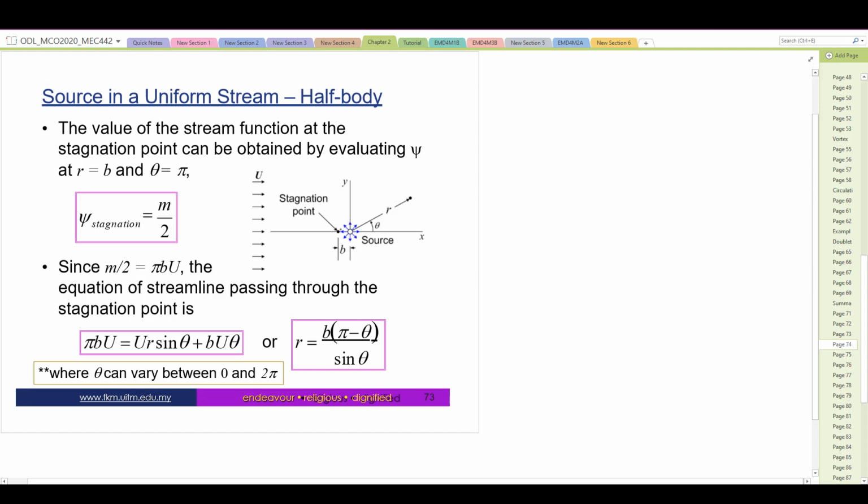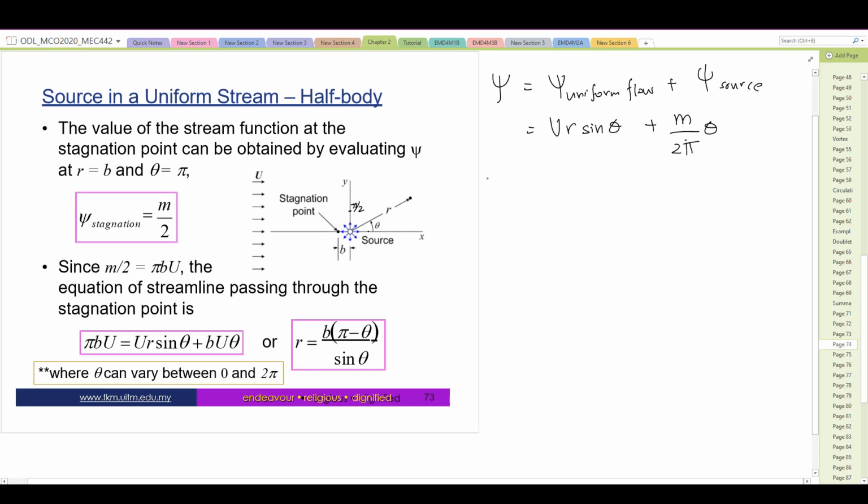Let's say theta is 0 here, pi over 2 here, and pi here. Recall that for this superposition flow, psi is psi for uniform flow plus psi for source: U r sine theta plus m over 2 pi theta.